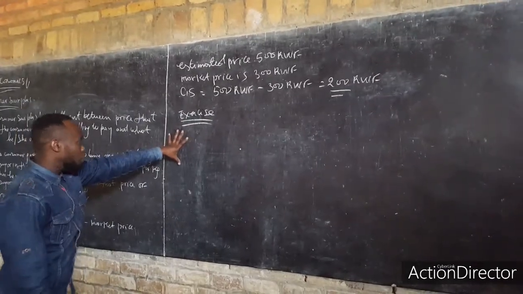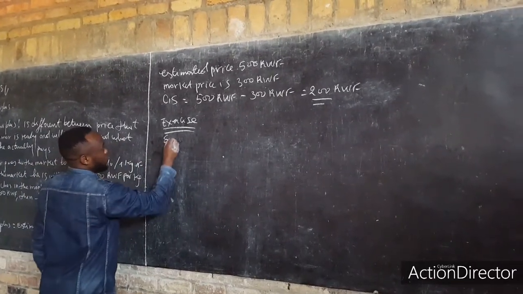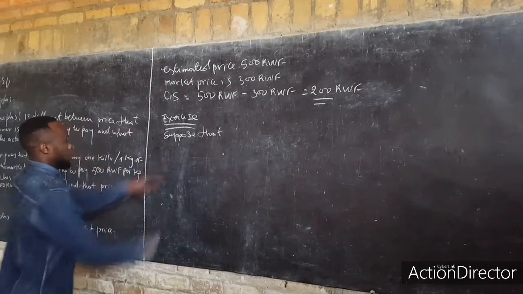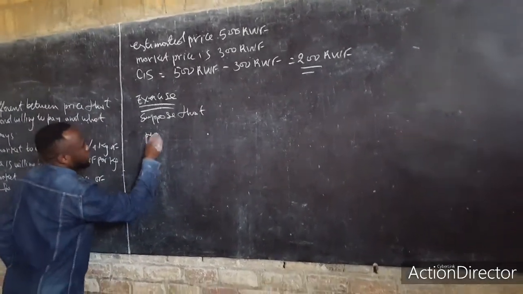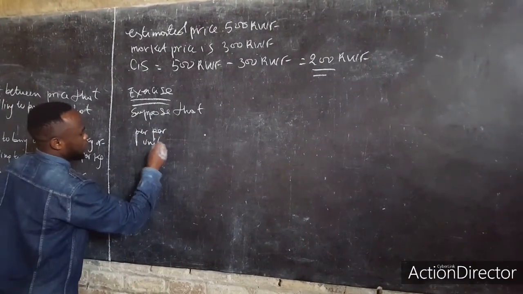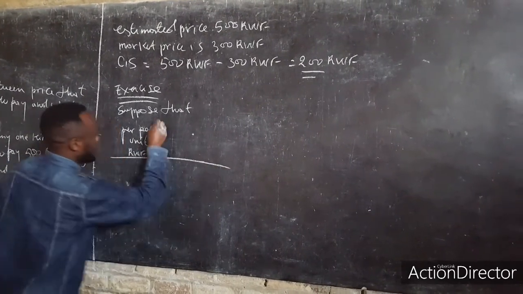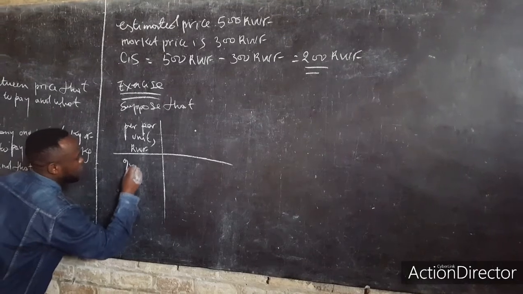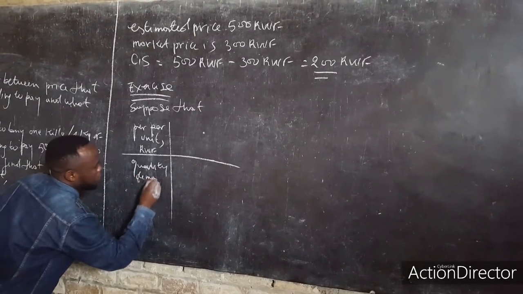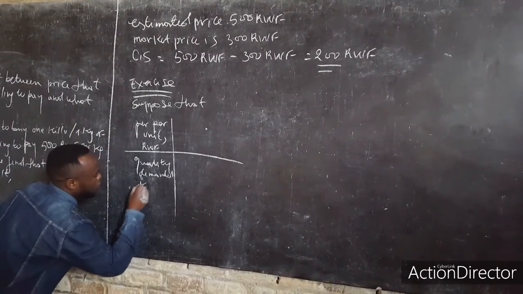By using a table, suppose that price per unit in Rwandan francs, quantity demanded in kilograms.